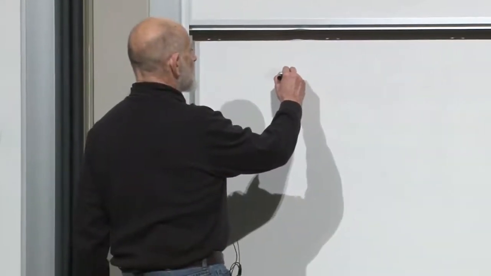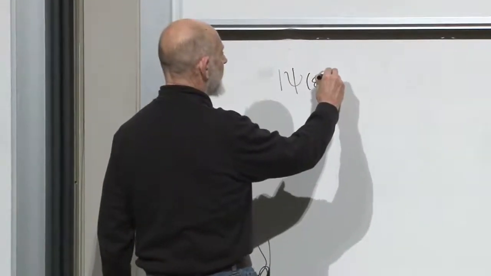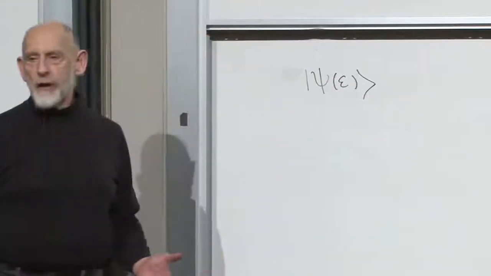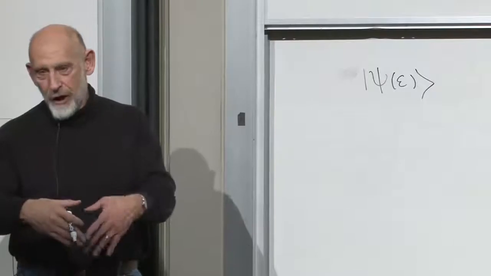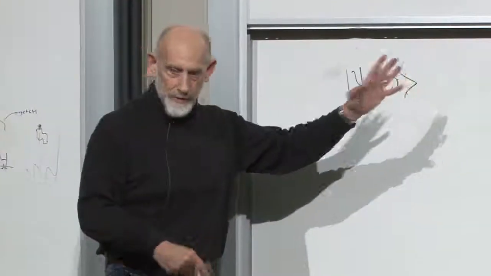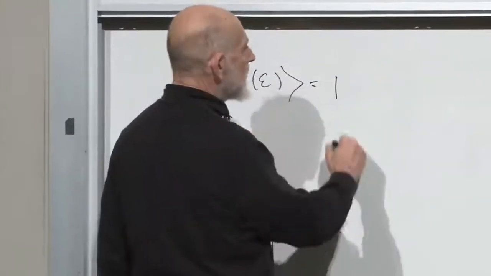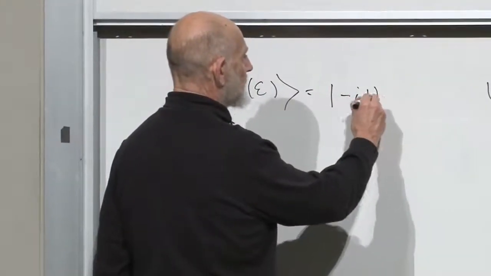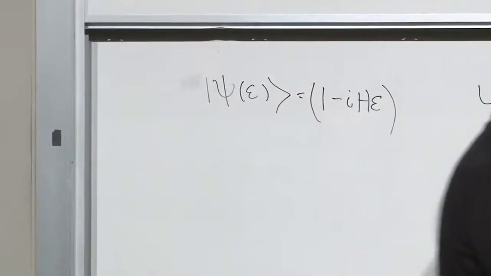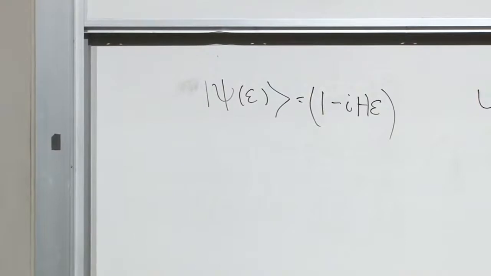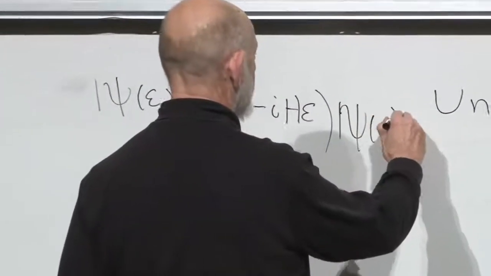Okay, so let's look at the state of the system at a time epsilon. This time epsilon could be thought of as a time epsilon right after some arbitrary time, which I'm going to call 0, but it doesn't matter. So I have psi of epsilon is equal to (1 minus iH epsilon) times psi, let's say at time 0.